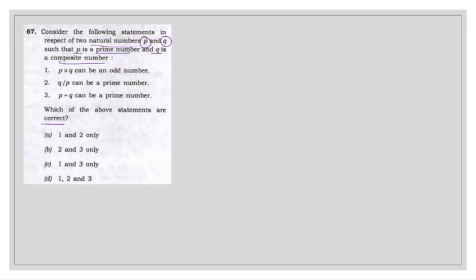The first statement says P multiplied by Q can be an odd number. See, P here is a prime number and Q here is a composite number. So we need to take care of these two things while we try to guess the numbers or perhaps the examples. So the first statement says P multiplied by Q can be an odd number.